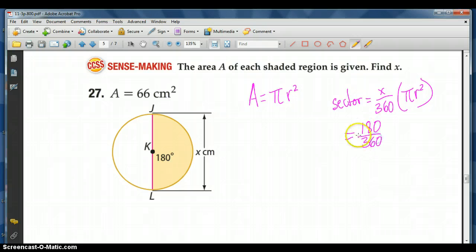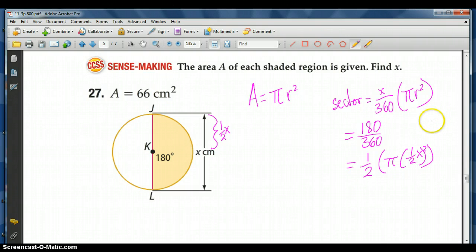And really quick here, we can go ahead and simplify this. I know that simplifies to 1/2 times pi r squared, where our radius would be half of this diameter here. So pi times 1/2 x squared. And this will give us the area of half the circle.